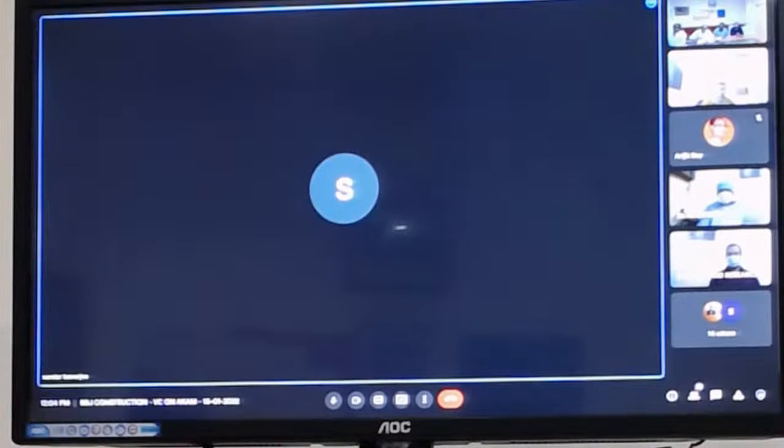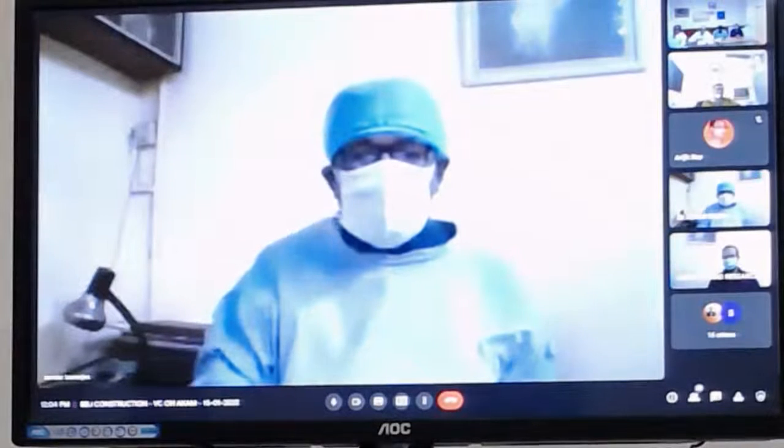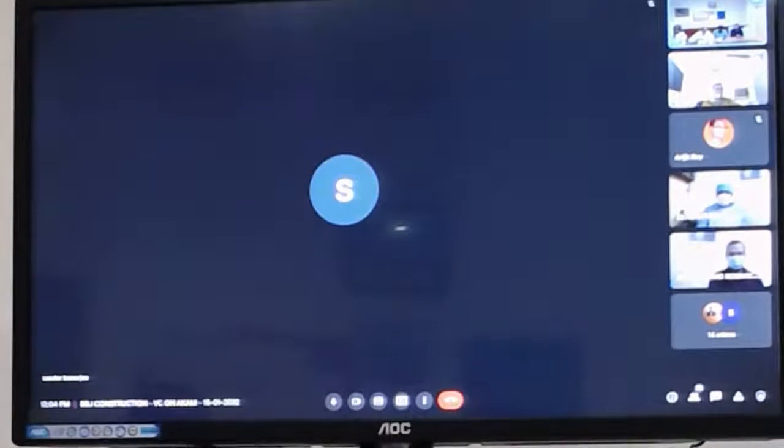I personally go for an eye checkup every year due to diabetes, and my doctor has also recommended that. Thank you very much again. The session was very helpful to us.